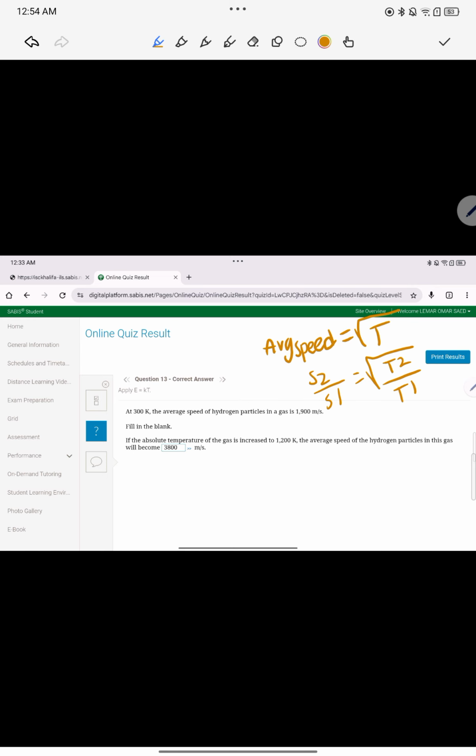Speed 2 is question mark, so S2 over speed 1 is 1900 equal to radical T2, which is 1200 over 300, which is T1. You put it on your calculator, you do it in your head, whatever you want, you will get 3800.